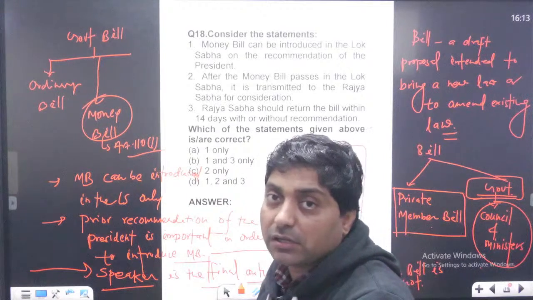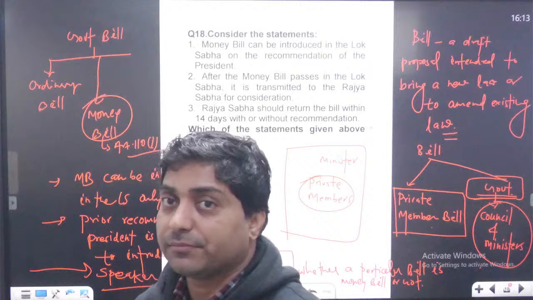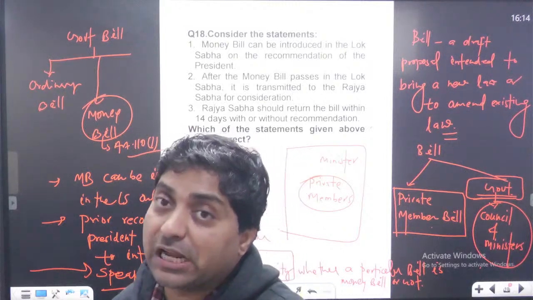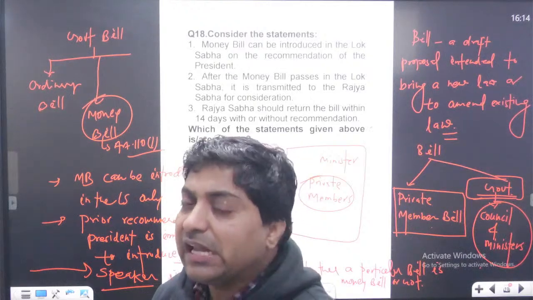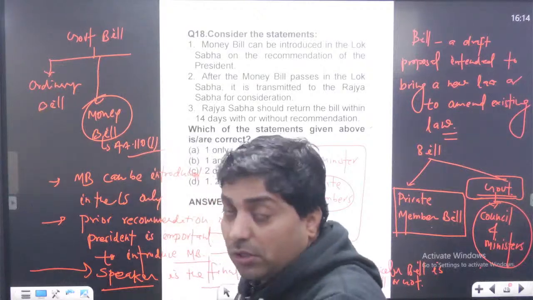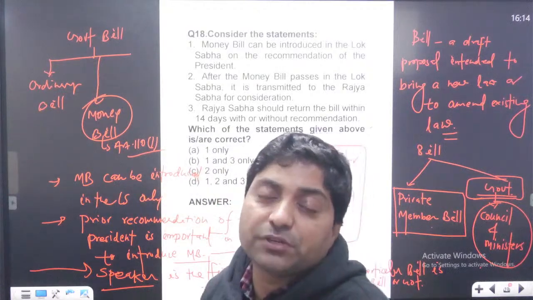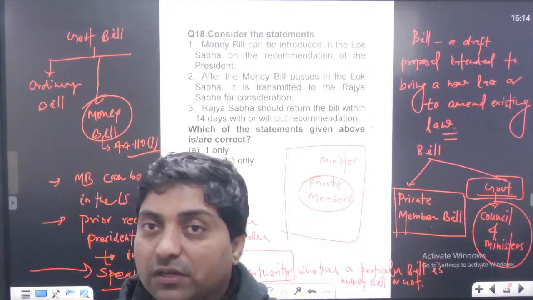Otherwise, the money bill is deemed to be passed by the Rajya Sabha, if Rajya Sabha has not returned that bill within 14 days. Secondly, Rajya Sabha can give some recommendation, right? Now, this recommendation can be accepted or not. This is totally dependent on the will of the Lok Sabha.